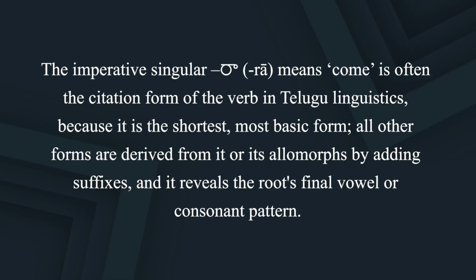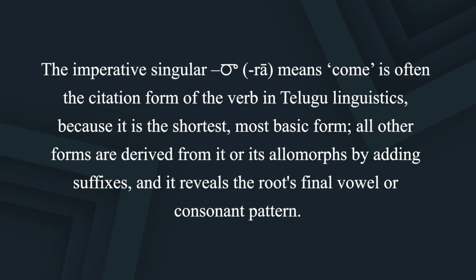Here I am going to provide a powerful observation that without imperative forms there is no meaning to use verbs as well as the usage of language. This is absolutely correct in descriptive terms. The imperative singular ra, meaning come, is often the citation form of the verb in Telugu linguistics because it is the shortest, most basic form.